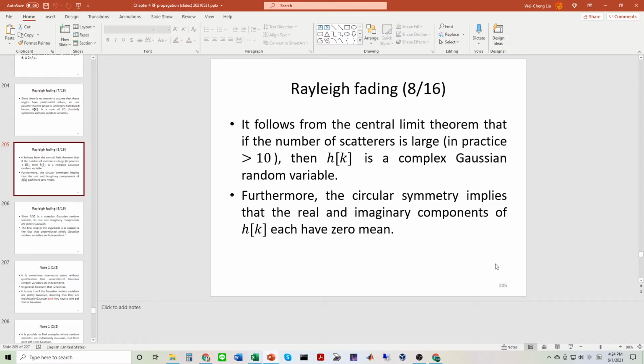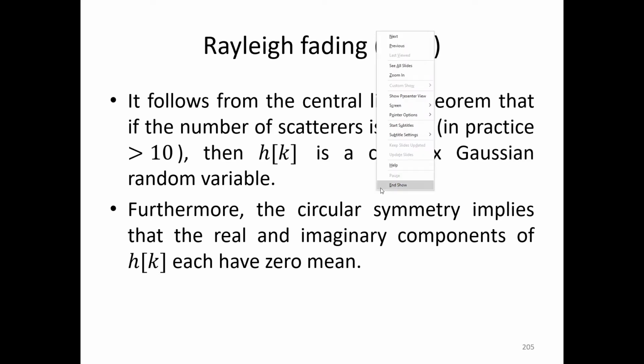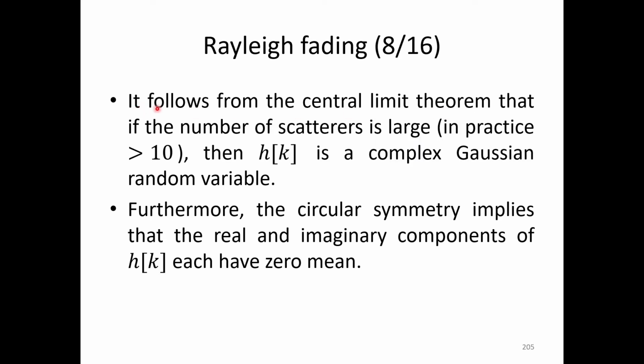It follows from the central limit theorem that if the number of scatterers is large, in practice, larger than 10, then h of k is a complex Gaussian random variable. Let us review what is h of k.